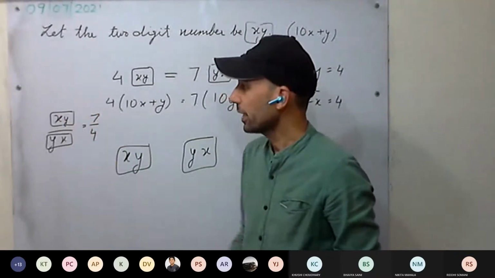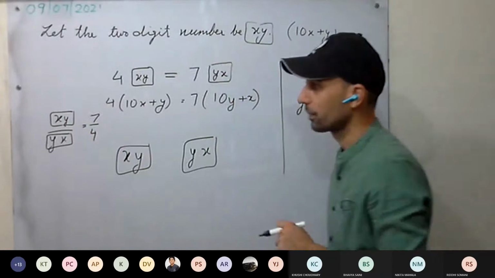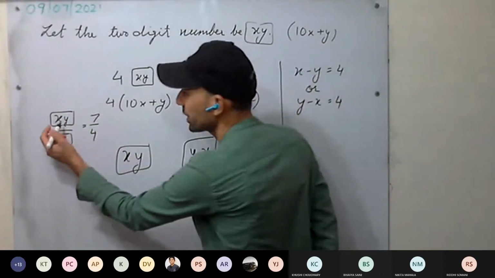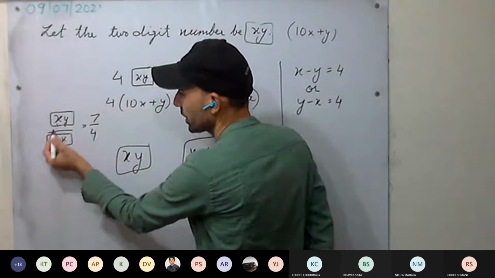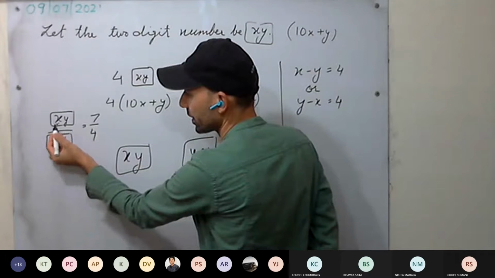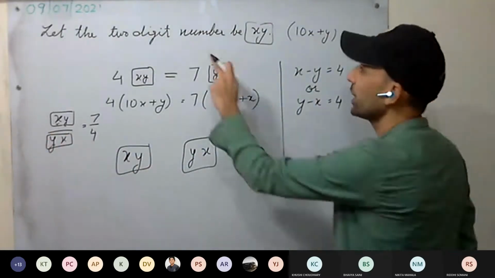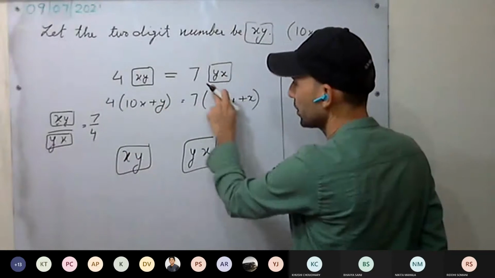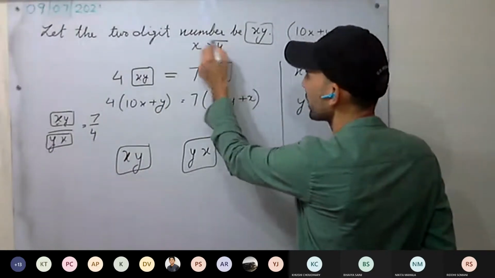So xy is greater. It means which digit is greater, x or y? X is greater. So by taking the two-digit number and from this equation, it means we have taken x greater than y.